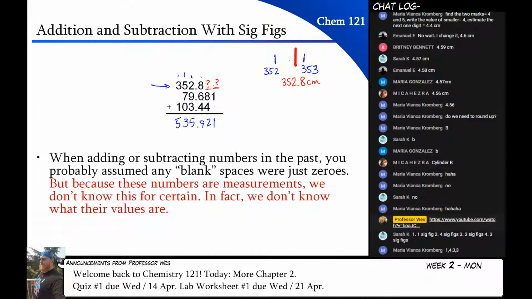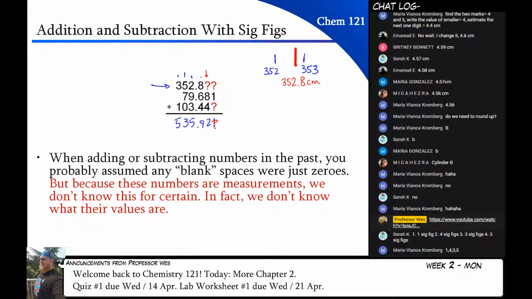So I can't assume that 1 plus blank equals 1 if these are question marks and these blanks. So I'm going to put those down right now. 1 plus question mark is not 1. Instead, it is question mark. So I don't get to know this number. It's a question mark. Same thing here. 8 plus 4 plus question mark is not 12.